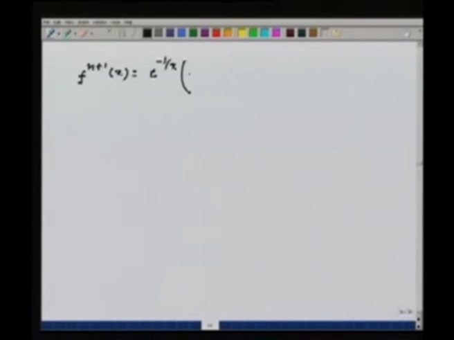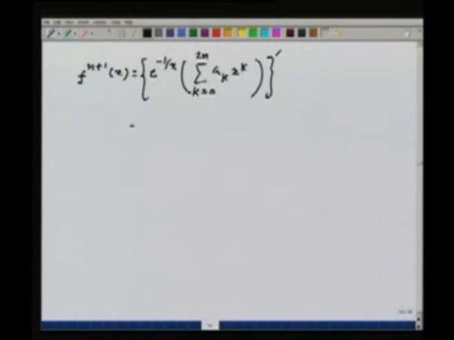Now there is a polynomial here which I know, so I will write down the polynomial here. It is the sum over k from 0 to 2n of a_k x to the power k, and the derivative of this function. This is my f_{n+1}(x).